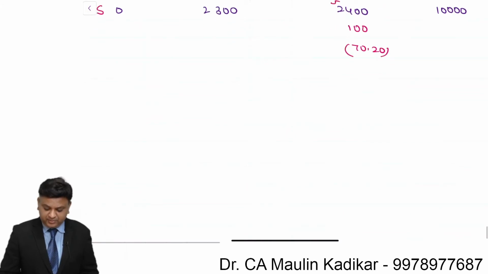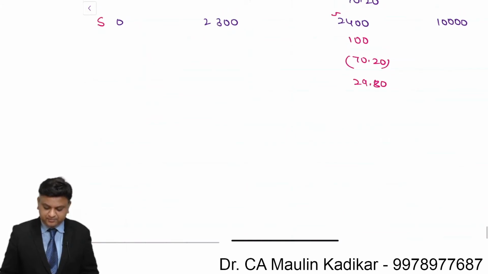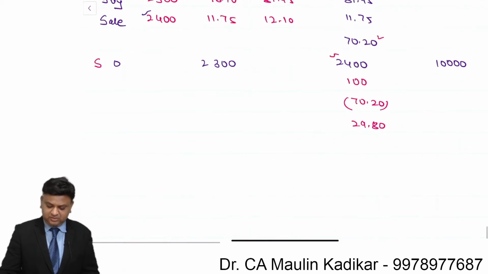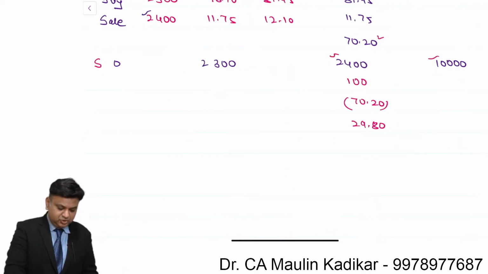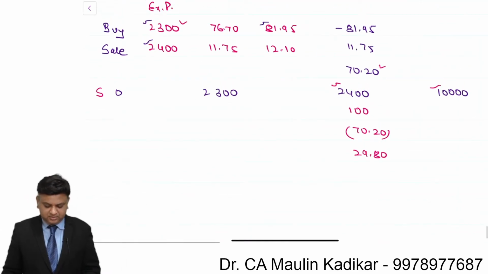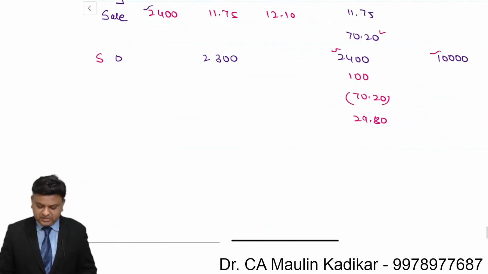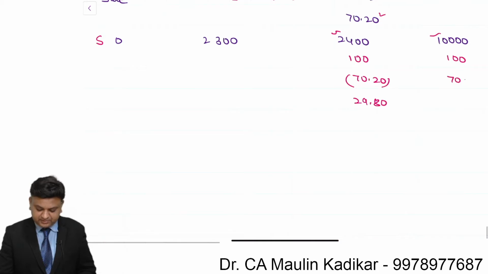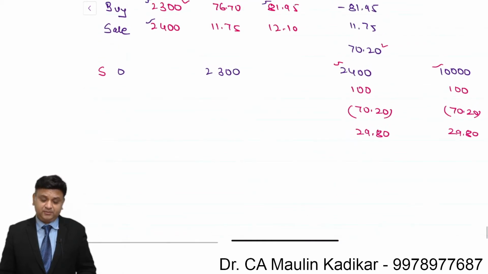So that will give you a profit of 29.80. Take a huge price, 10,000, which is of course not possible. So 10,000 minus 2300, again the difference is basically 100 rupees as the payoff, 70.2 is the premium that you paid, and 29.8 is the profit that you will have.